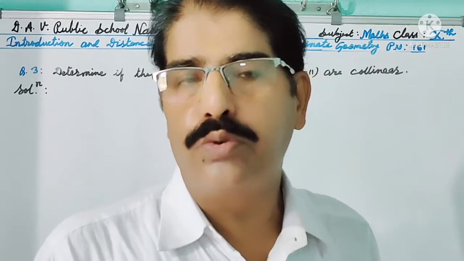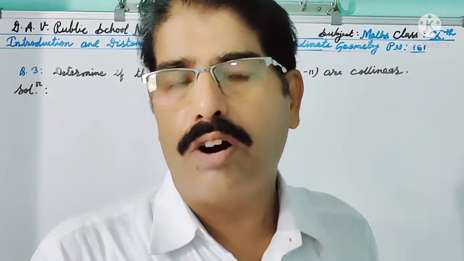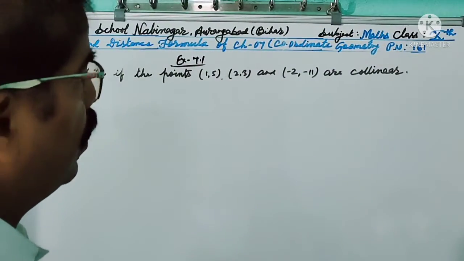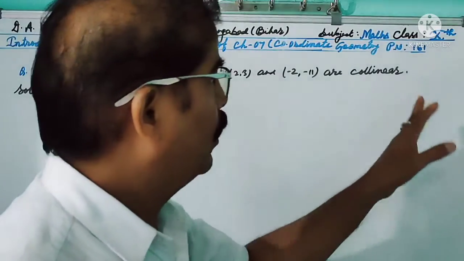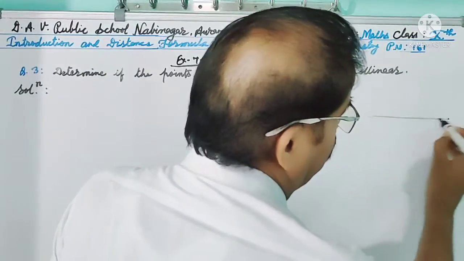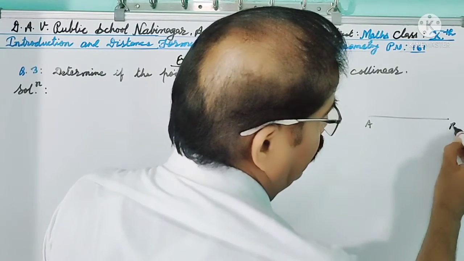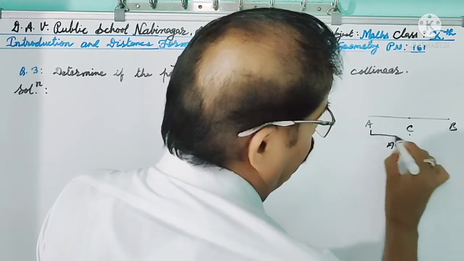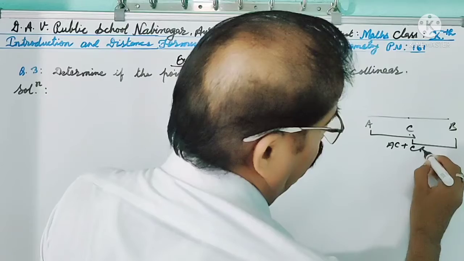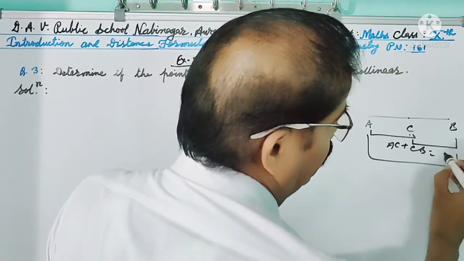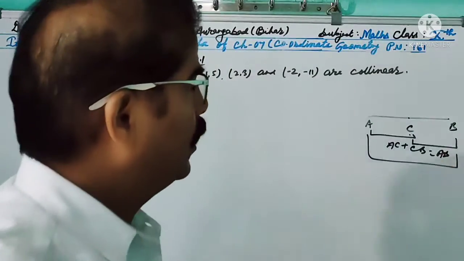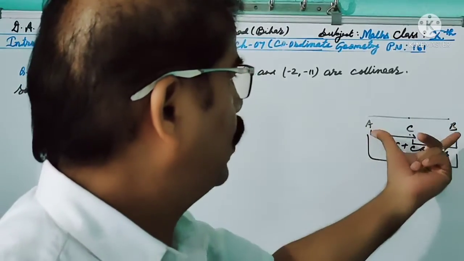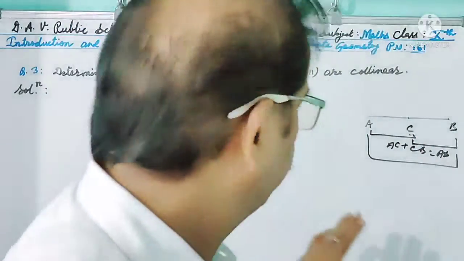That is, the sum of two sides is always greater than the third side, and if the sum of two sides is equal to the third, suppose given 3 points A, B and C, then AC plus CB equals AB, and then A, B, C are collinear. So you solve.